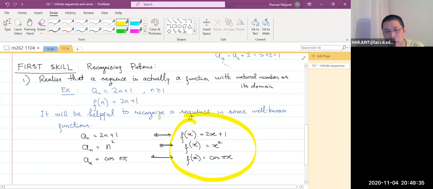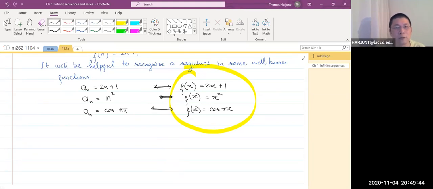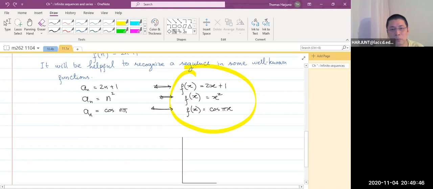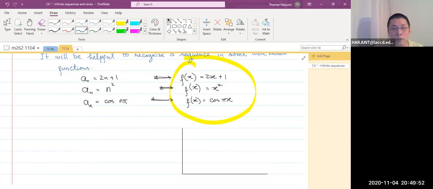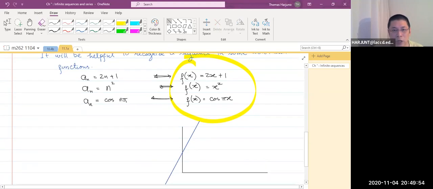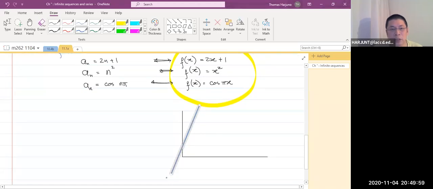The first one, 2x plus 1, is actually a line. Let's say it looks like this, right? But from the sequence point of view, we always start from x equals 1.